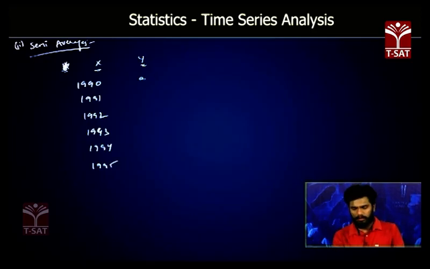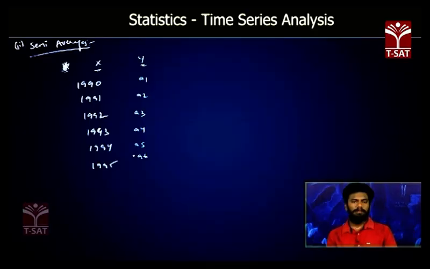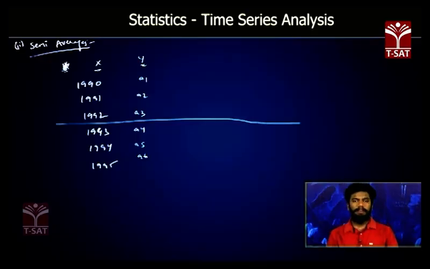Now we have the values A1, A2, A3, A4, A5 and A6 corresponding to those years. In the semi-average method, I will just divide my data into two halves. That is, I will make a partition in the middle. That is 1990, 91, 92 one part, 93, 94, 95 the other part.